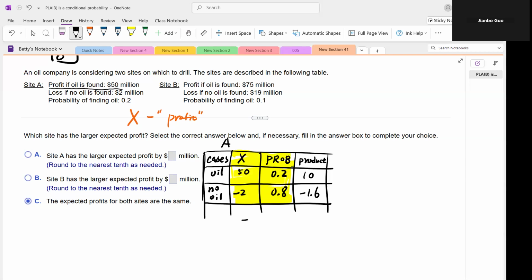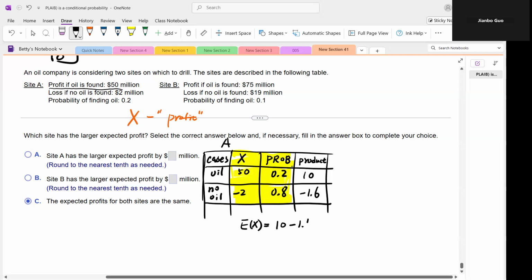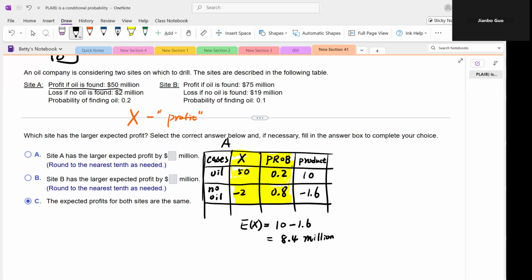And we are going to add the two products together, 10 plus negative 1.6, and that is 8.4. 8.4 what? Million. Now we attach the million back. So if the company decides to drill site A, they expect to have 8.4 million profit. So that is site A.